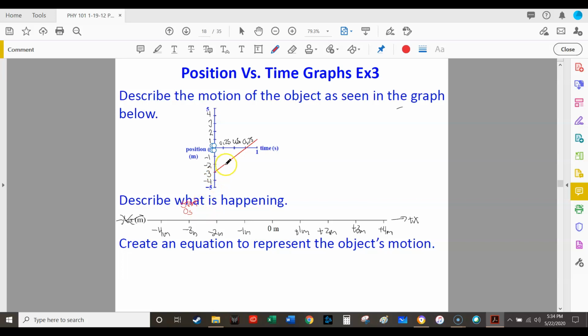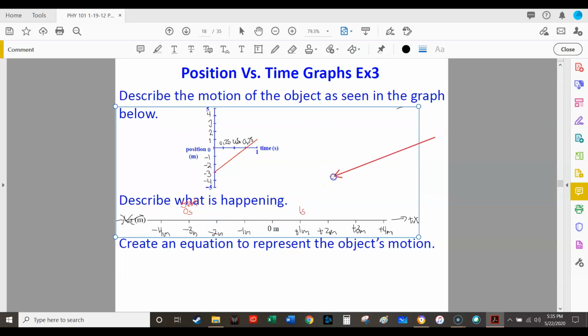And then it looks like it ends at the positive 1 meter mark at 1 second, right? So that means it's traveling a total distance of -3, -2, -1, 0, and +1. Travels a total of 1, 2, 3, 4, +4 meters over that period of 1 second. Okay, so I'm going to actually put in an arrow too. You know what?